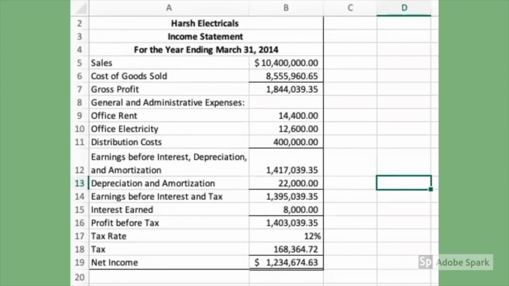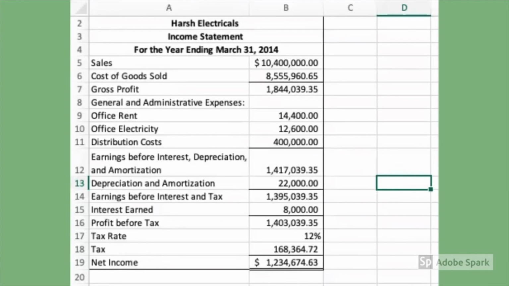Our cost of goods sold, which we calculated on our cost of goods sold statement, explained in the last screen, was $8,555,960.65. Once you take this out of the $10,400,000, you're left with a gross profit of $1,844,039.35.